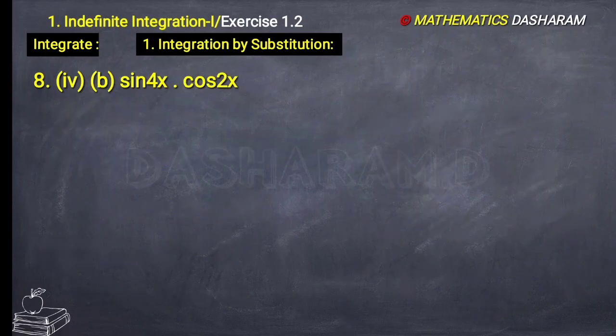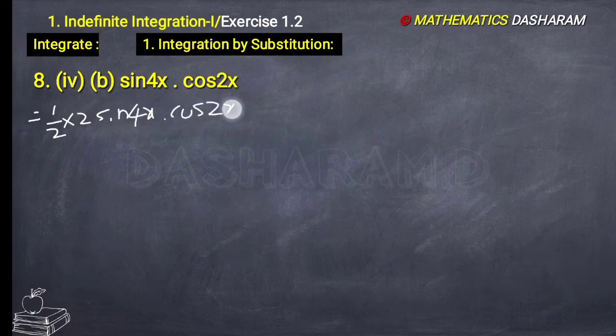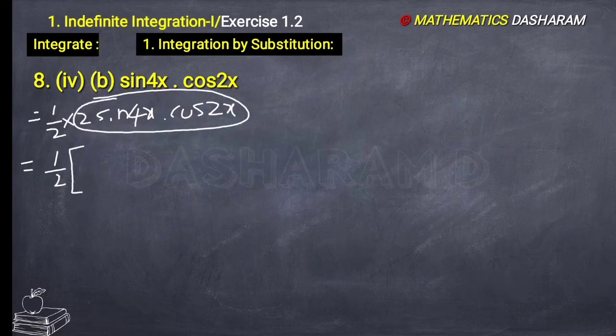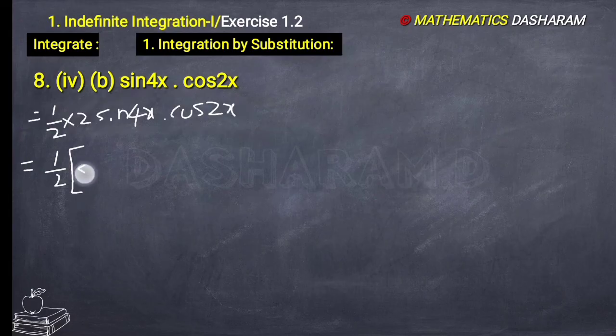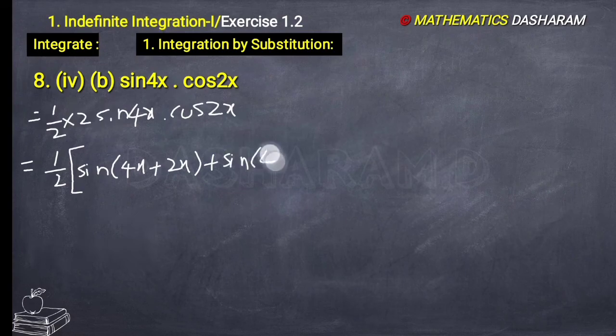B question, sin 4x into cos 2x. So multiply and divide with 2. So sin 4x into cos 2x is equal to 1 by 2 bracket of here 2 sin A cos B, that is sin A plus B plus sin A minus B. So sin 4x plus 2x plus sin 4x minus 2x.